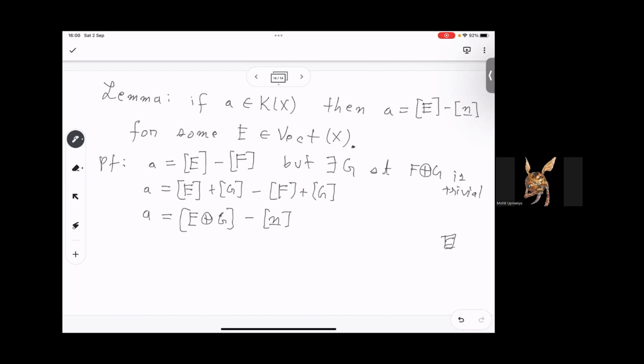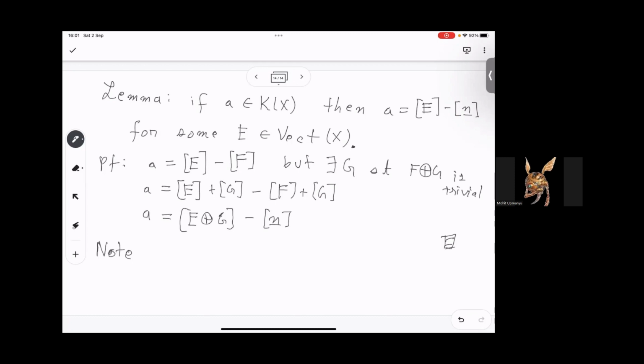So this is a nice identity. We just proved that any element always looks like a vector bundle minus a trivial vector bundle, which we'll also use in fact.